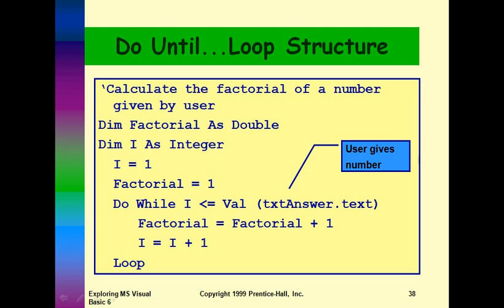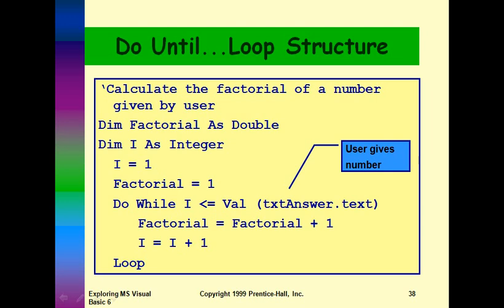Here is an example for examining and applying these three syntax repetition statements. Calculate the factorial of a number given by the user. Dim factorial as double, dim I as integer, I becomes 1, factorial becomes 1.